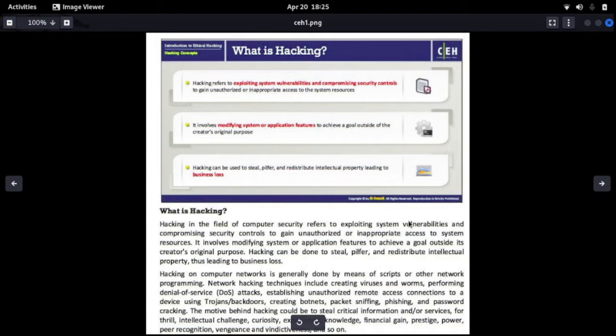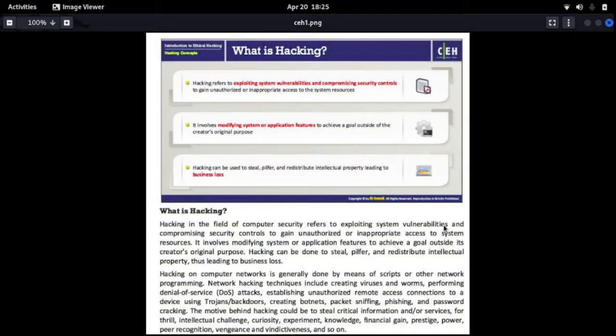Okay, so when we say vulnerabilities, what does it mean? System vulnerabilities. It's more like a weakness, a security weakness in your computer. So hacking in this case is as a result of taking advantage of that weakness to compromise your system, in other words, gaining unauthorized access to that computer.